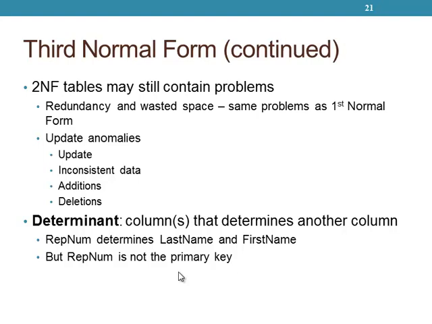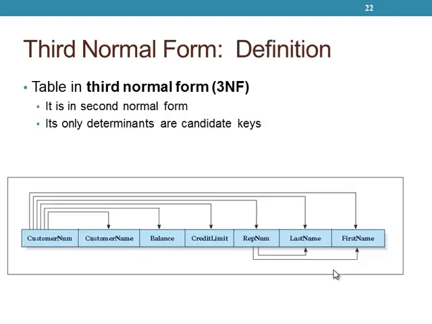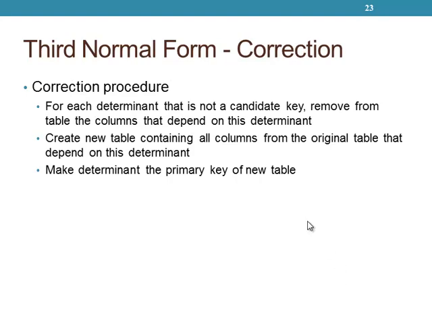We're going to find where something is a determinant, as in it determines another column, but it's not the primary key. So rep num is not our primary key in the customer database, so we want to pull that dependency out, where rep num is the determinant for last name and first name.